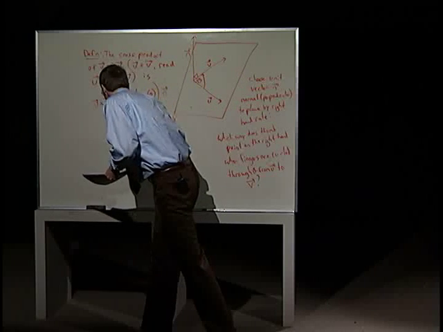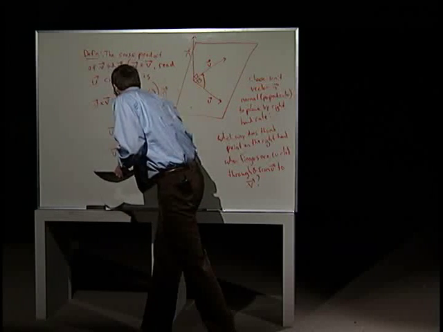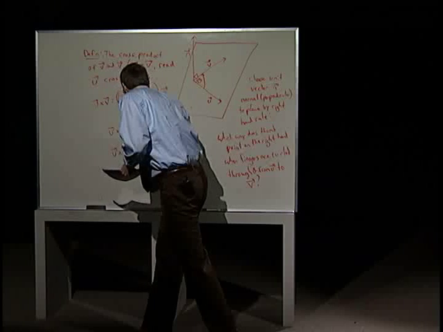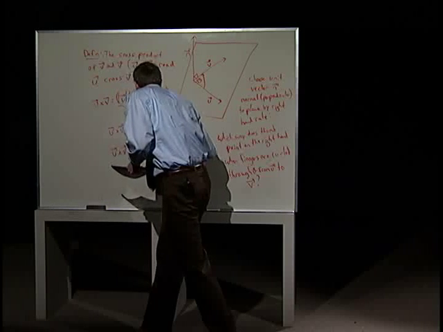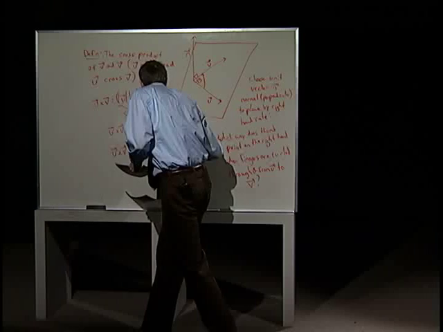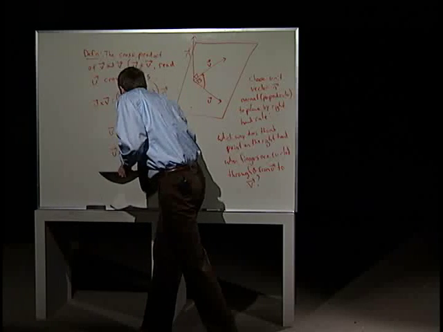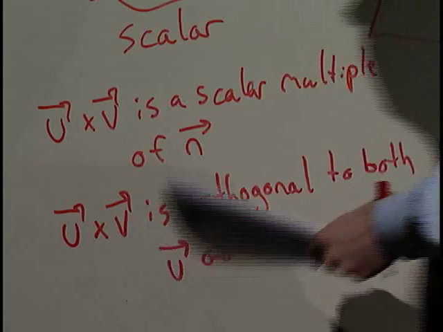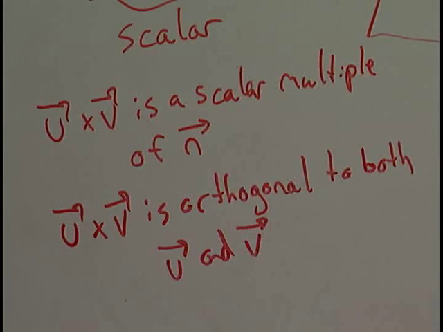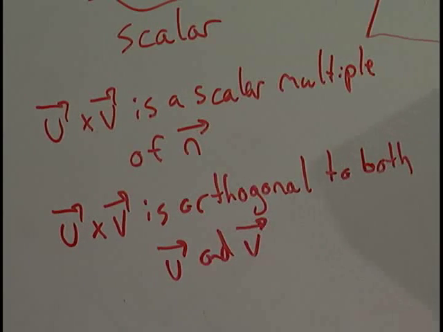So u cross v is orthogonal to both u and v.